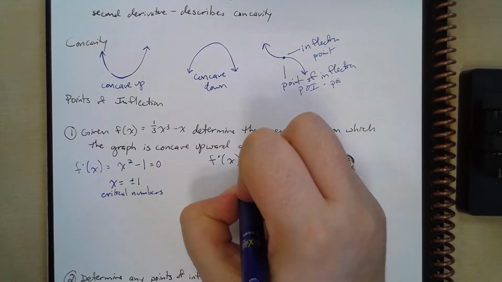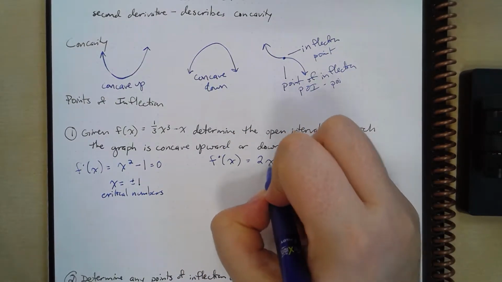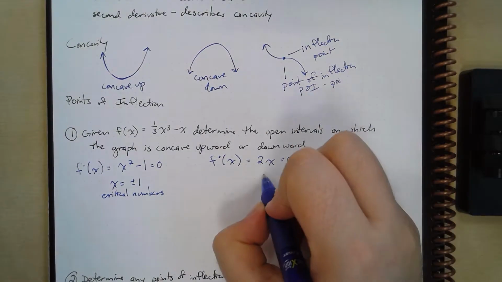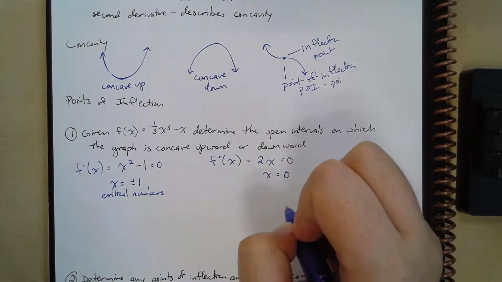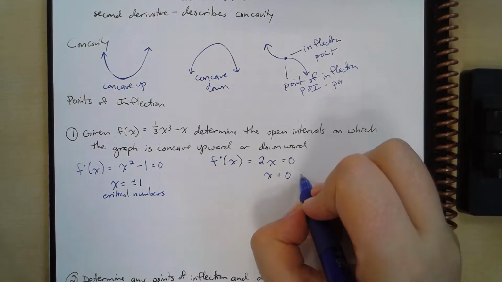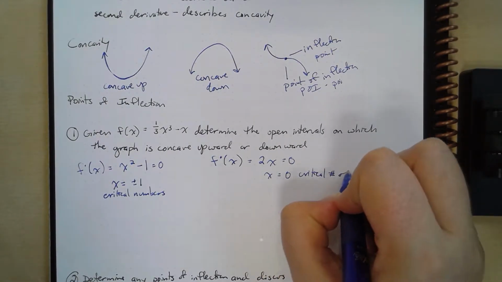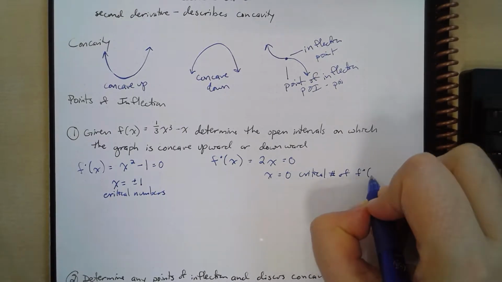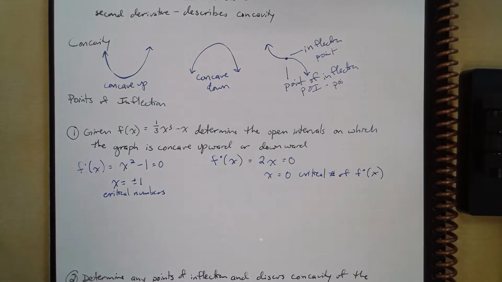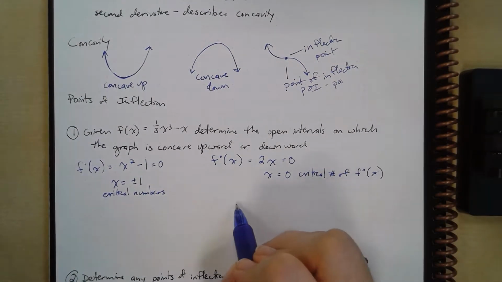Our second derivative is just going to be equal to 2x. Then we set that equal to 0, and x is equal to 0. This is our critical number of f double prime of x. Now we're going to use that critical number to test just like we have before.